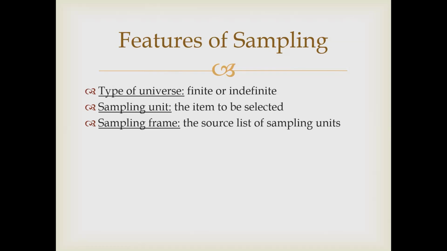In fact, in the case of bank employees, each bank has with them the list of employees. But it may not be available to you. That is the question. It may not be available to the researcher. So if a list is available to the researcher, then that list is called sampling frame, from which we will select the sampling units.